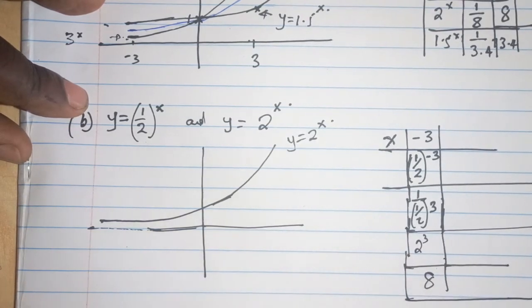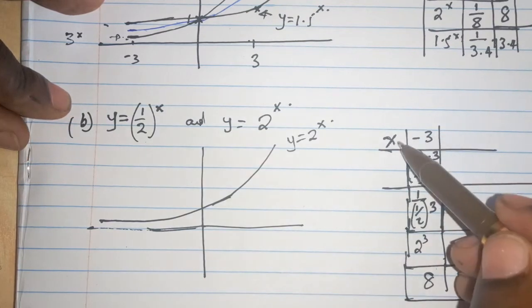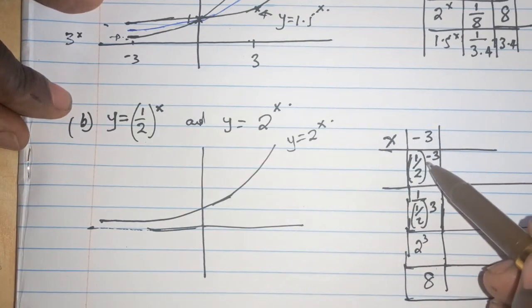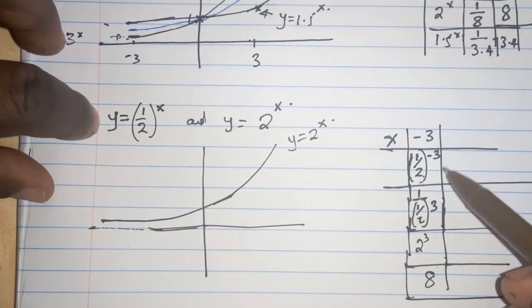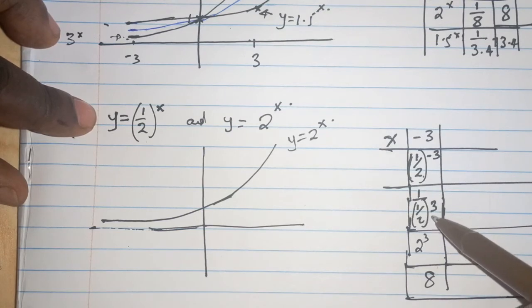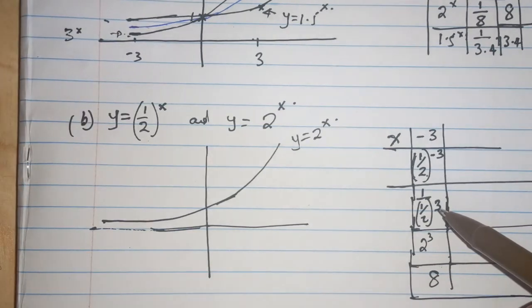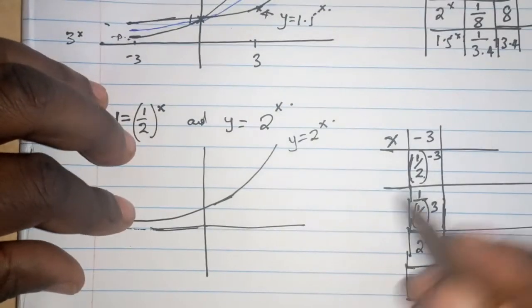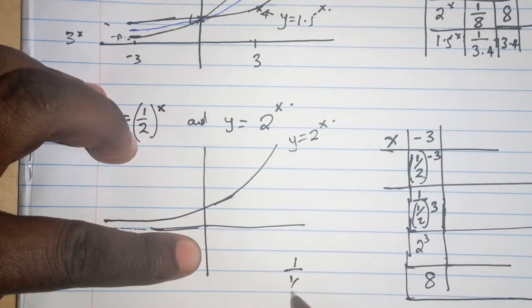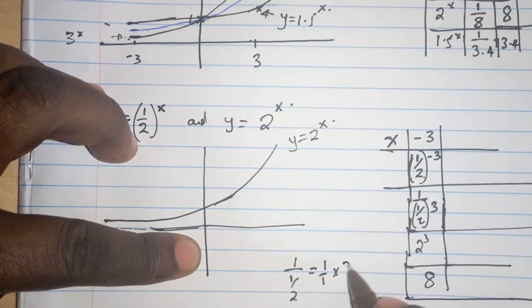So when x is -3 and the function is y equals a half raised to power negative 3, which is 1 over a half raised to power 3, because when we are talking about 1 over, the sign of the index automatically reverses. 1 over a half is the same as 1 over 1 times the reciprocal of the divisor, 2 over 1, which is 2.